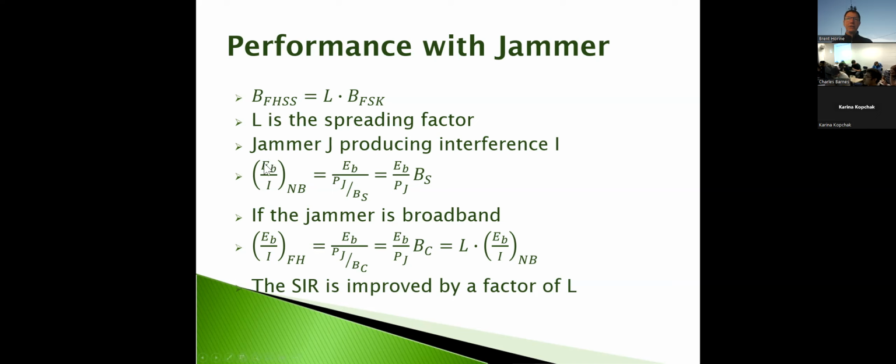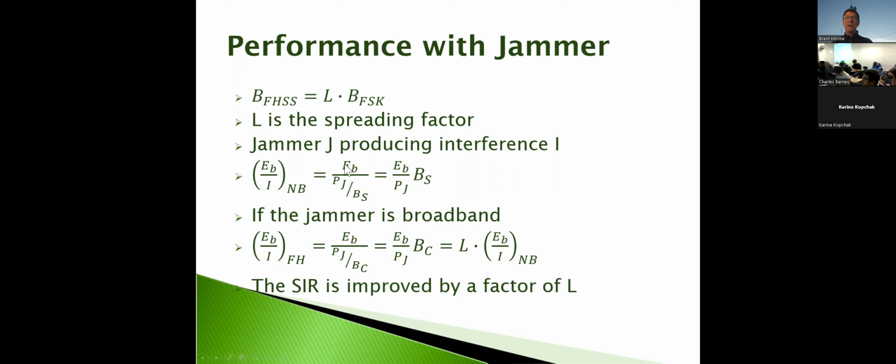Let's look at the energy per bit divided by the interference. Up till now, we've looked at the energy per bit over the noise, the EBNO, or the signal to noise ratio, depending upon whether we're looking at the bit level or symbol level. But now instead of looking at AWGN noise, we're going to look at that as an interference. Both noise and interference can cause bit errors. They can confuse that receiver.